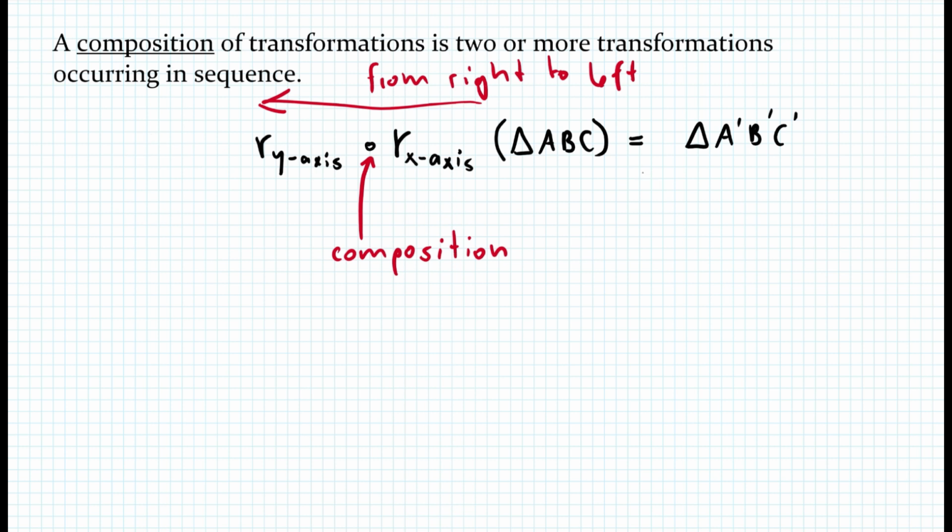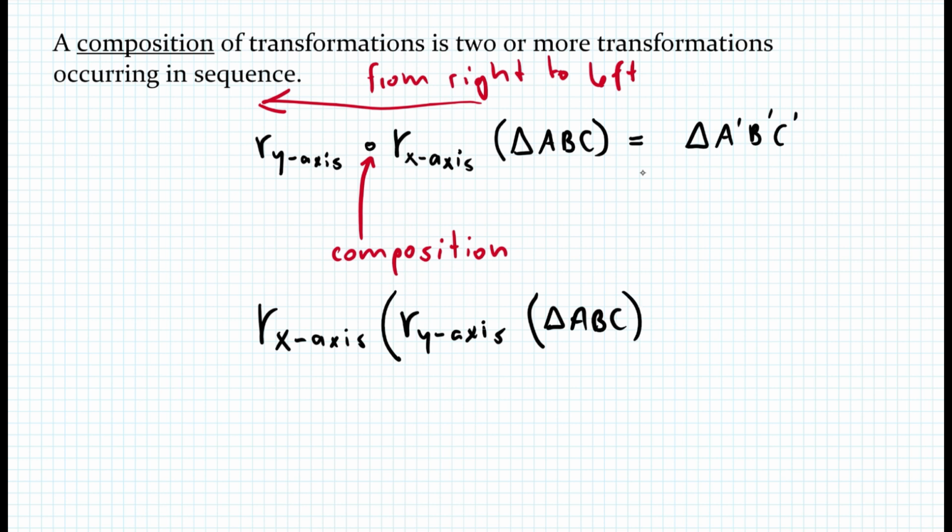You can also rewrite the composition of transformation as follows. You can, for example, write R x-axis, and then you open parentheses, and you write R y-axis. And then you open another parentheses and write triangle ABC, and then you close parentheses twice, and that results in triangle A prime, B prime, and C prime.